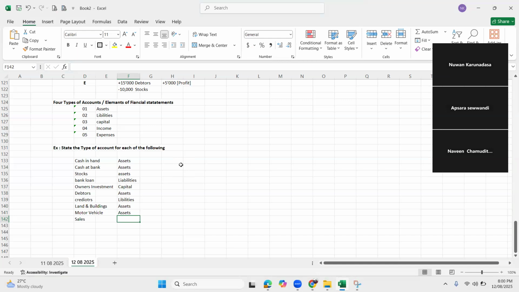Sales is what for us? We have five: assets, liability, income, capital, expense. Income. Perfectly correct. Sales is income. Then what about purchases? Expense. Perfectly correct.